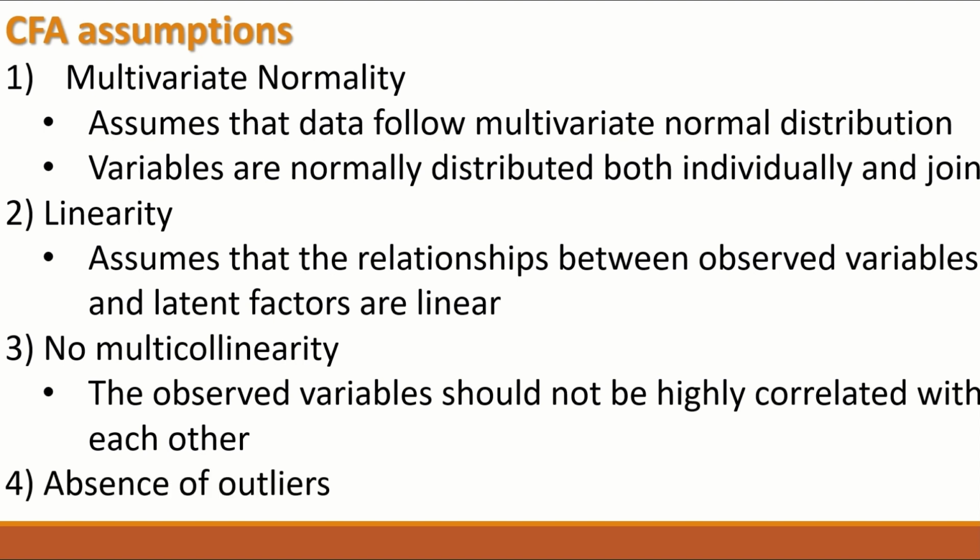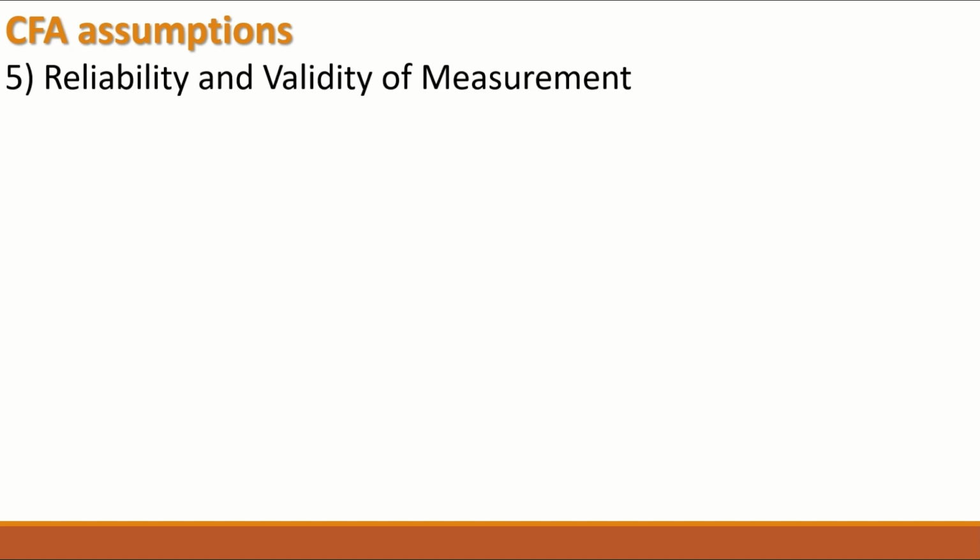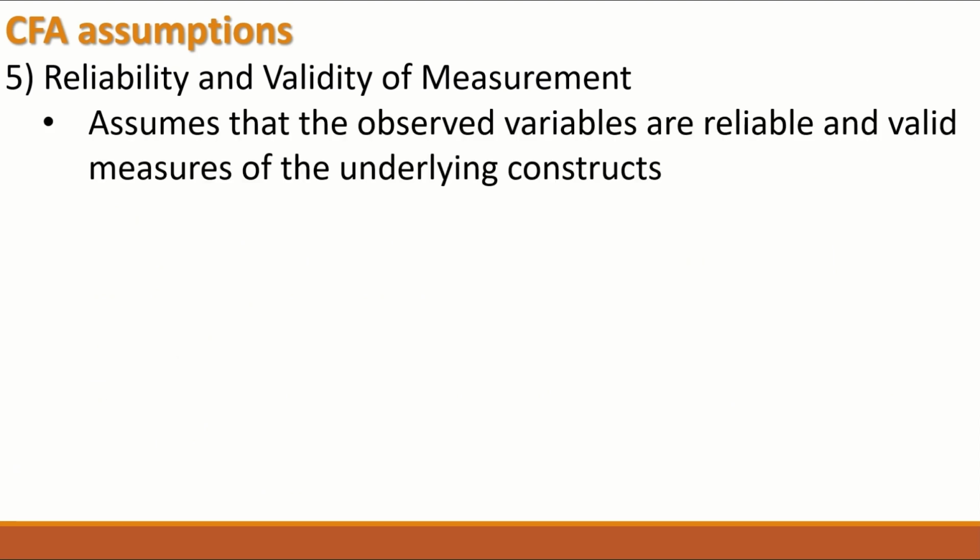The fourth assumption is absence of outliers. Outliers are extreme high or low values in the data that deviate from the rest of the data. The fifth assumption is the reliability and validity of measurement. It assumes that the observed variables are reliable and valid measures of the underlying construct or factor.